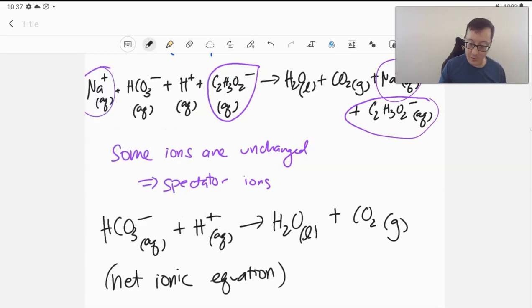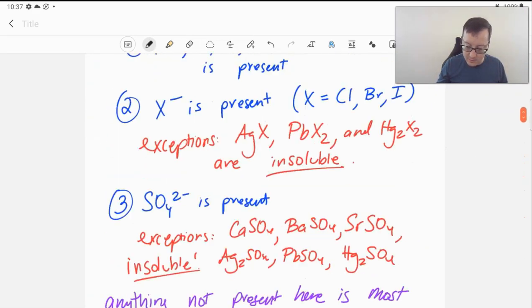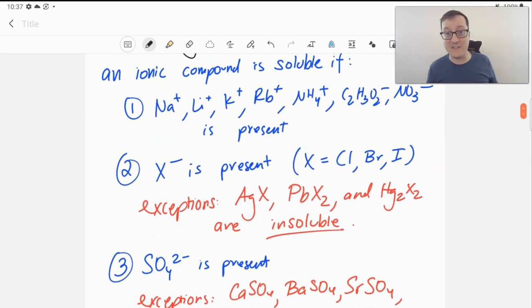We will see, by the way, our common spectator ions are, see if we can guess it, if we go up all the way to our solubility rules, all these things in blue are very often spectators.